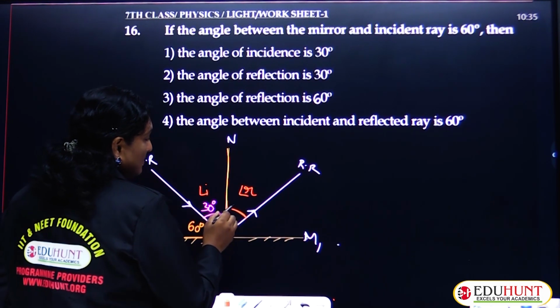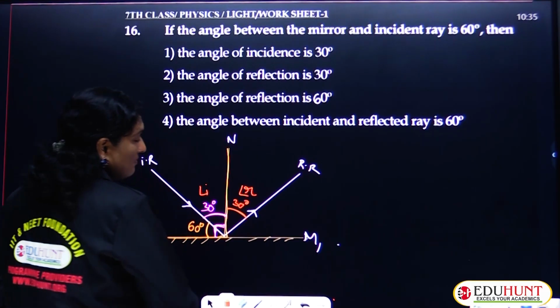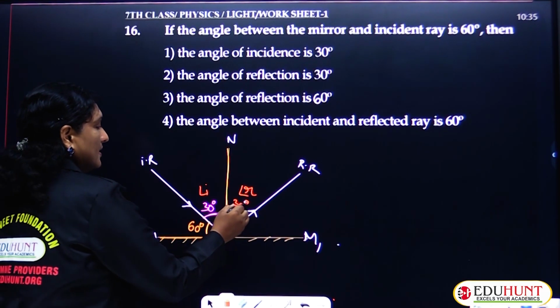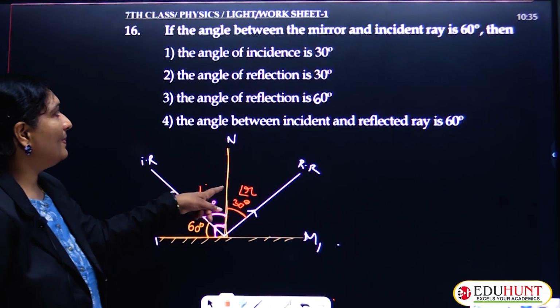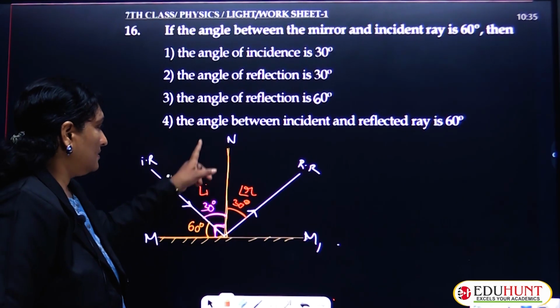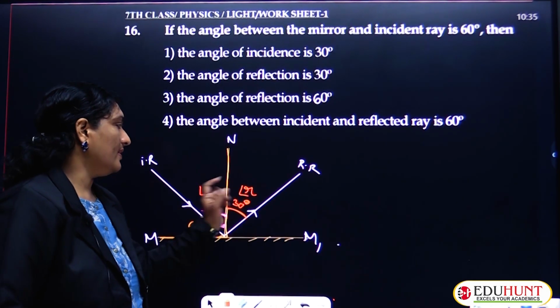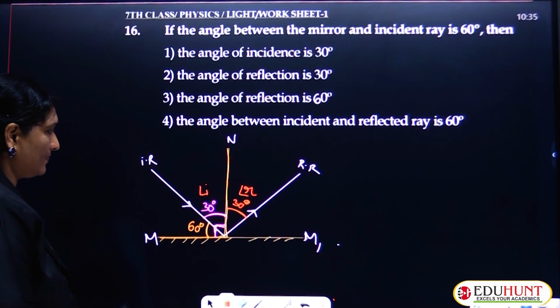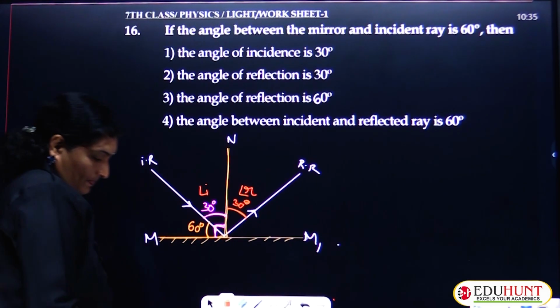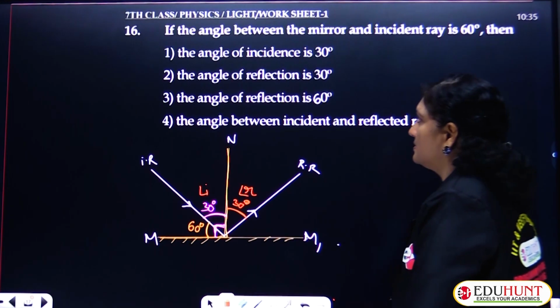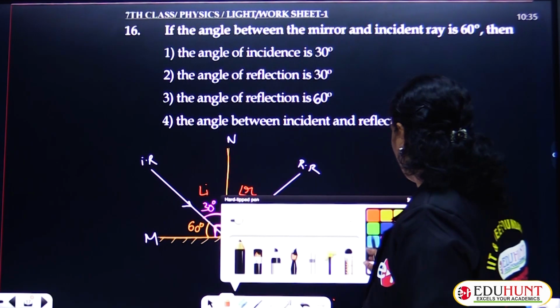If this is 30 degrees, this must also be equal to 30 degrees. So, the angle between the normal and the reflected ray is also 30 degrees. Okay, that's it.